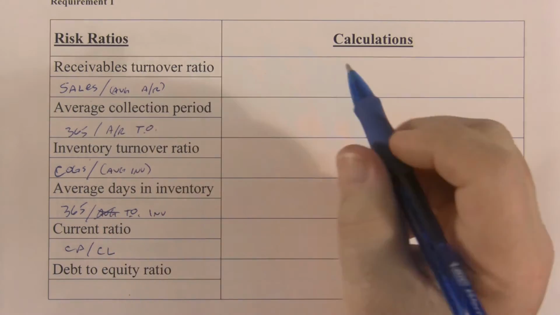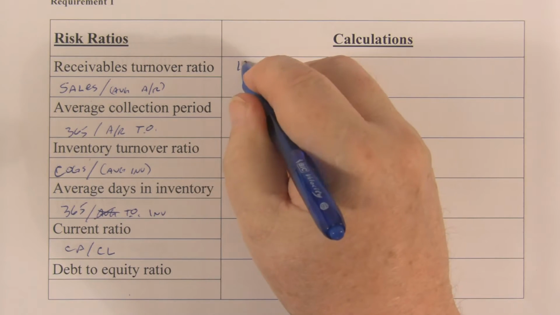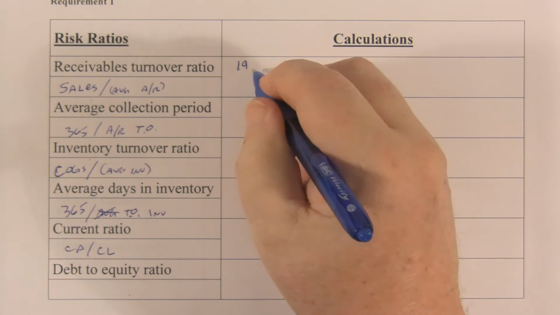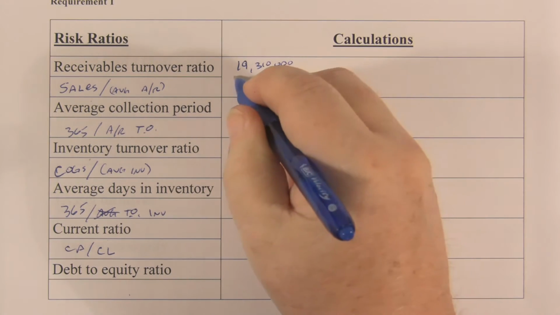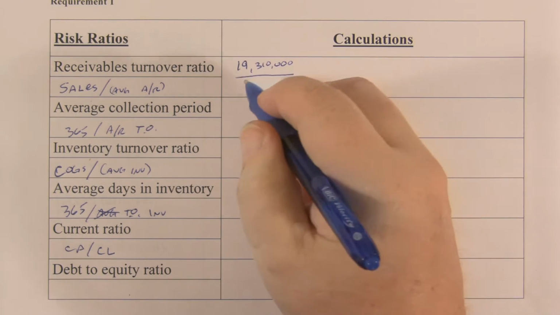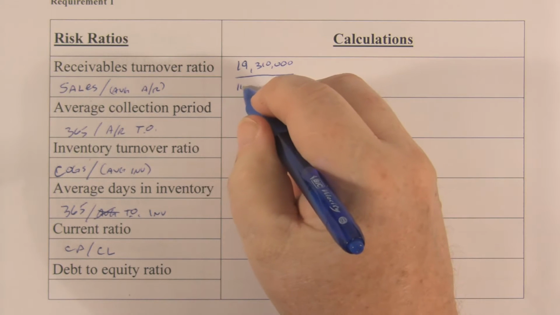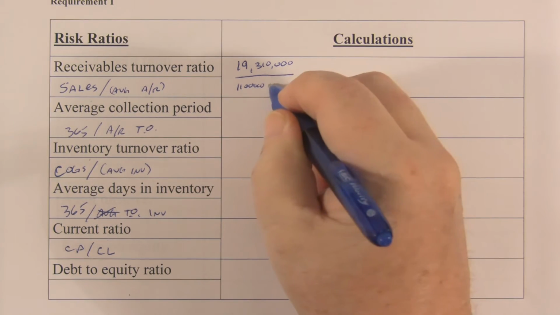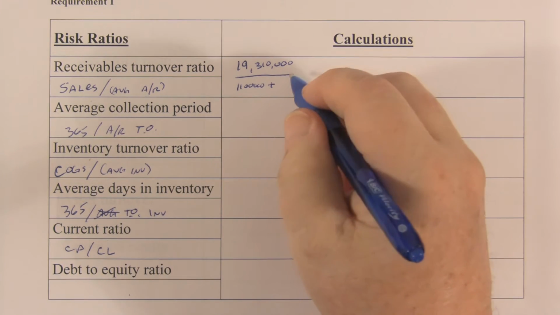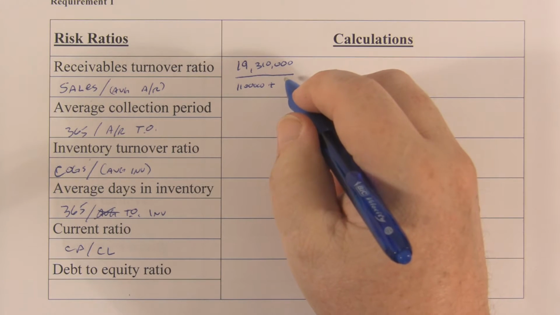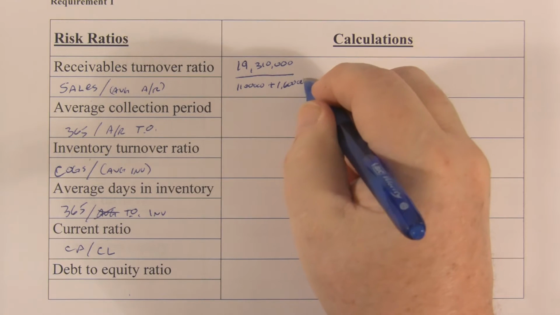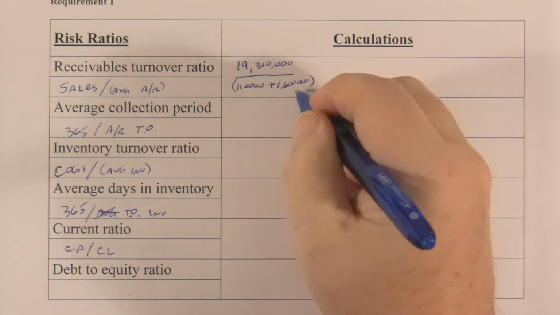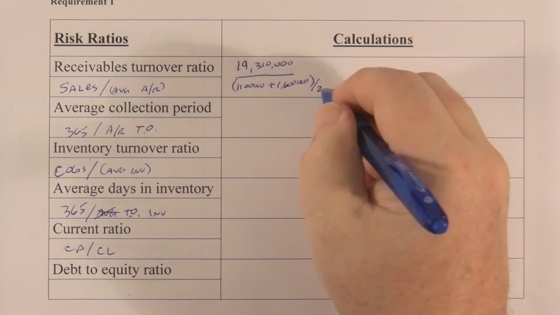Our sales is 19,310,000. And our beginning accounts receivable was 1,100,000. Our ending accounts receivable was 1,600,000. Divide that by 2.